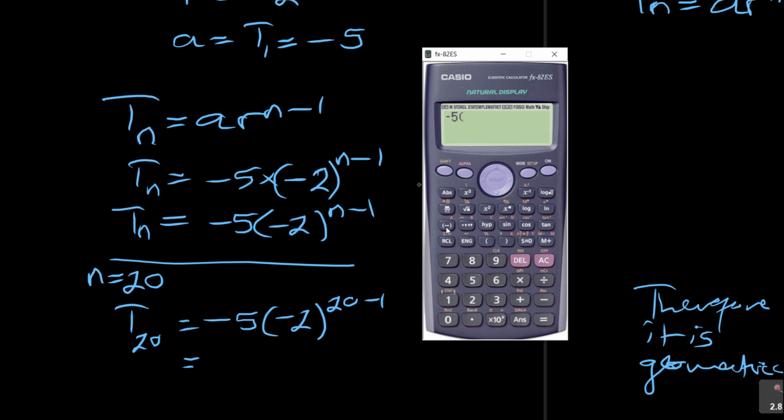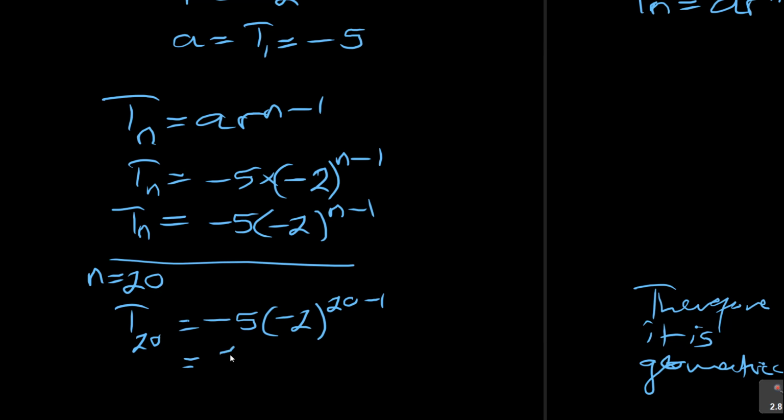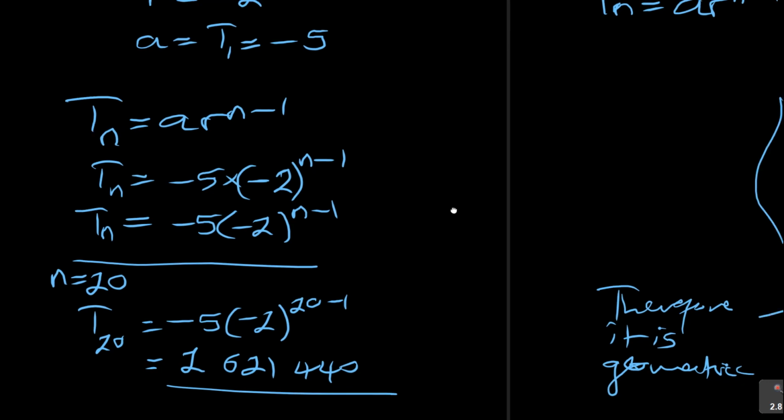Negative 5 bracket, don't forget the bracket, negative 2 to the exponent 20 minus 1, which is 19 there. Then you write that answer, which is 2,621,440. I hope it's the one that was that. All right. But if I made an error, you can correct that part. So what is this, guys?